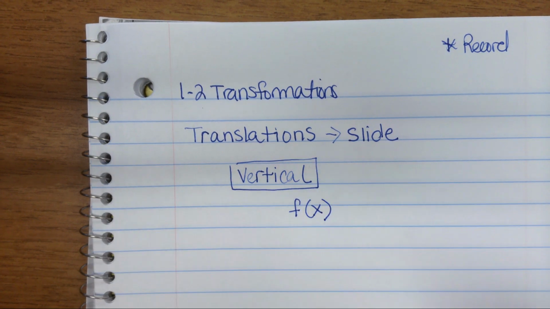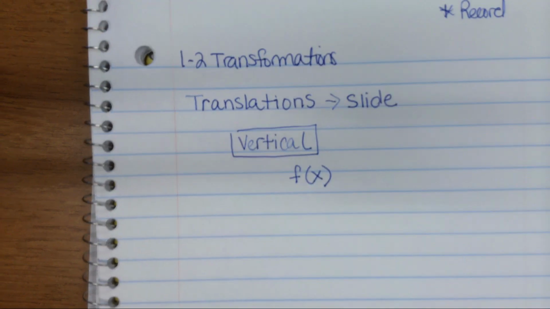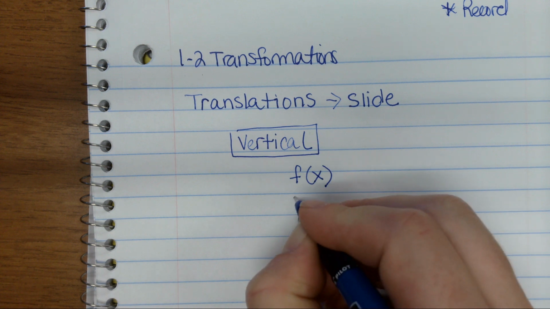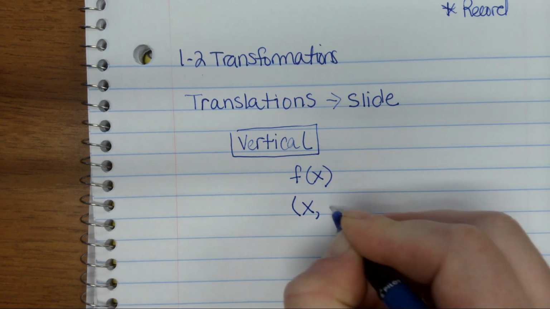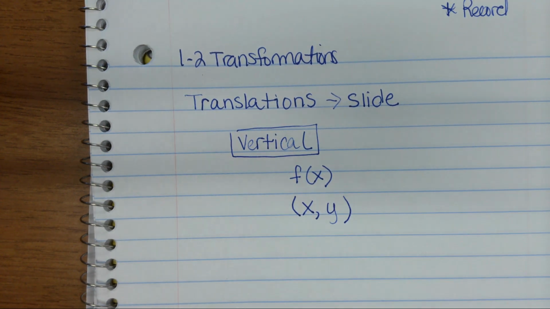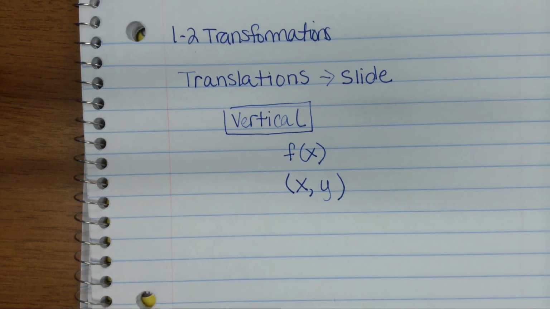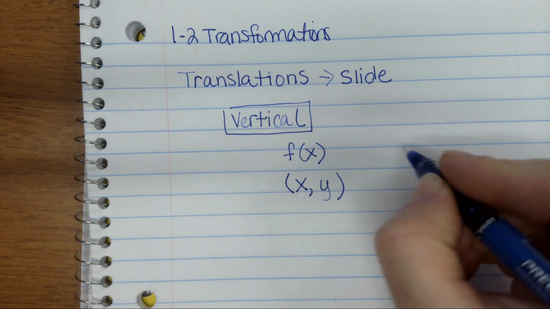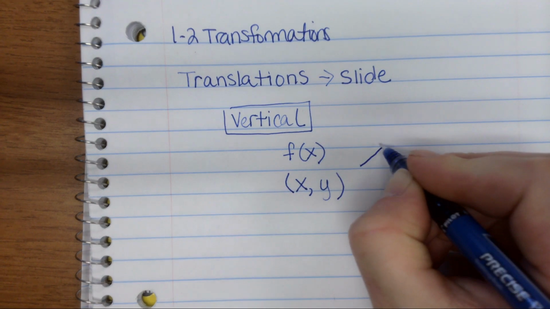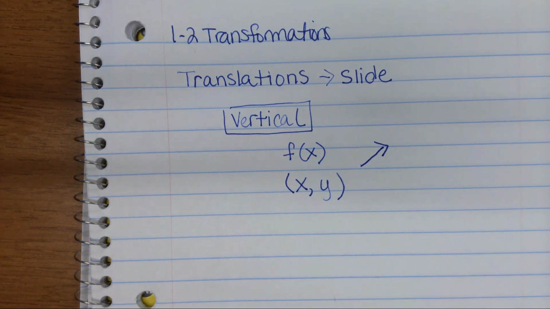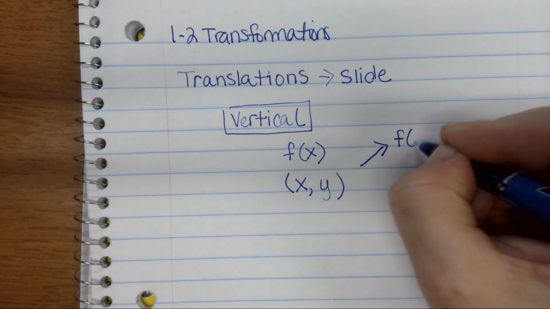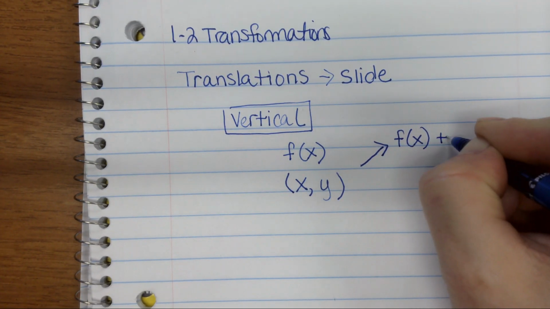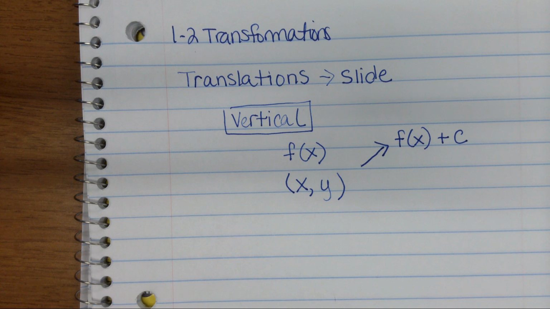And in our function f of x, we have the ordered pair x, comma, y. Okay, and one of two things happens. Either we have f of x and we add something on the back, so I'll say that plus c.